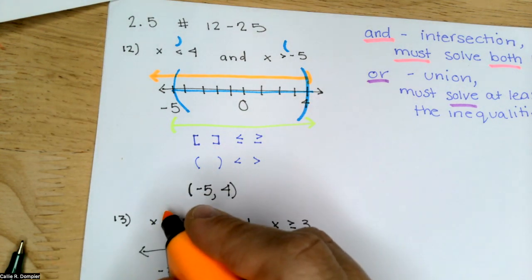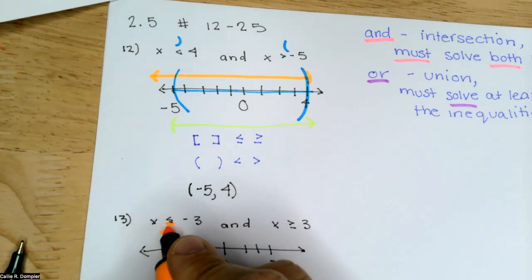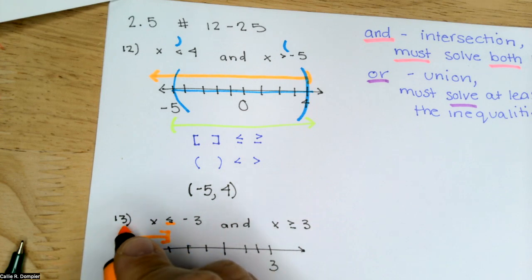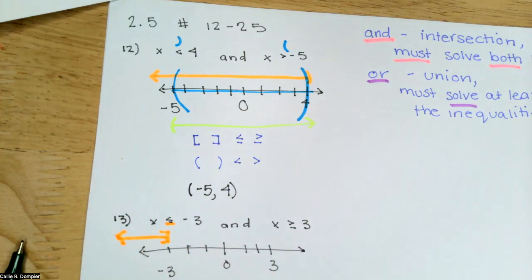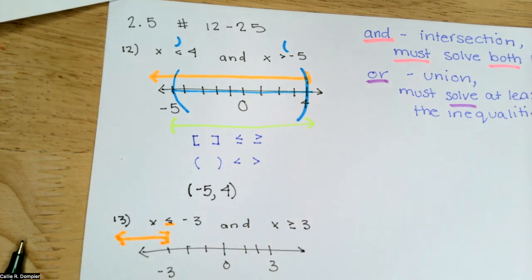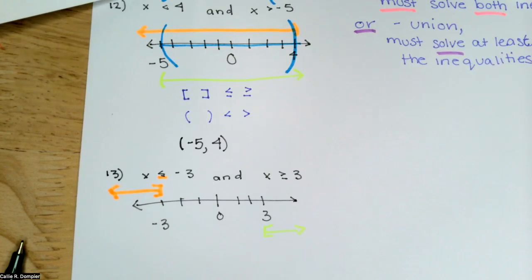So I'll start at -3, and because of this half an equal sign you have a bracket. So it's less than or equal to -3. It's going that way. And it is greater than or equal to +3. So at +3, we're going to have a bracket and it's going to go in the other direction. Sorry, you can't even see that.